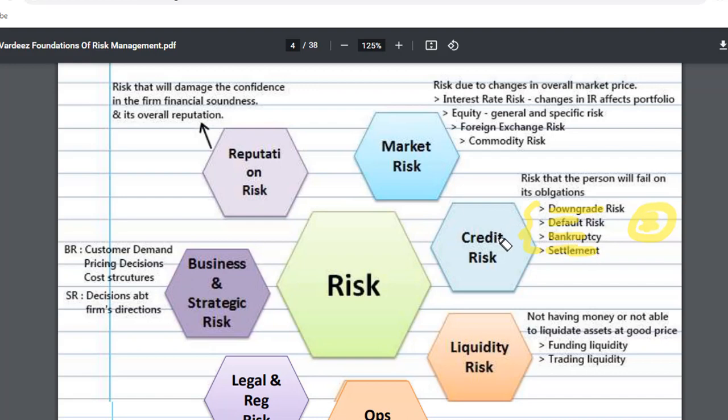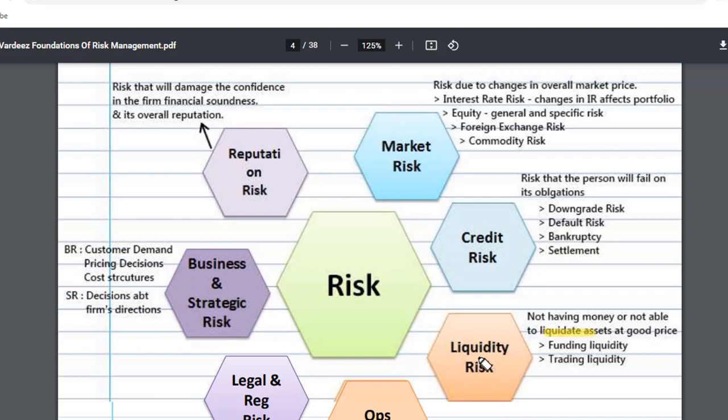To keep it simple, for a bank, credit risk is when they have given out loans and borrowers are not able to pay off their mortgage loan. That's the credit risk for a bank. And for a bond, these are the different stages through which we can understand it in a better way. Next is the liquidity risk: not having enough money or not being able to liquidate assets at a good price.